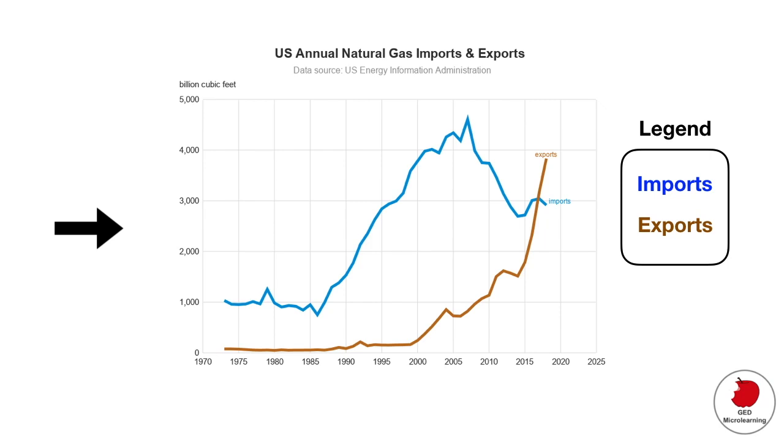The x-axis, the horizontal axis, tells us the years. Then look at the legend, the square on the right, which tells you that the blue line represents imports and the brown line represents exports.